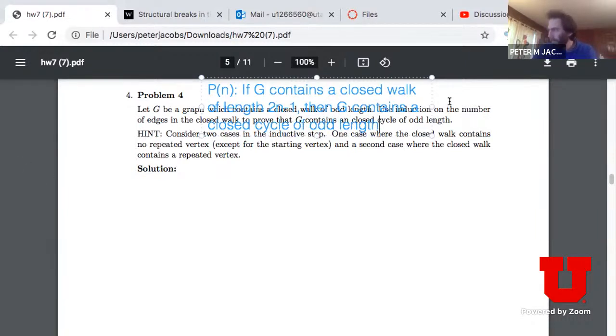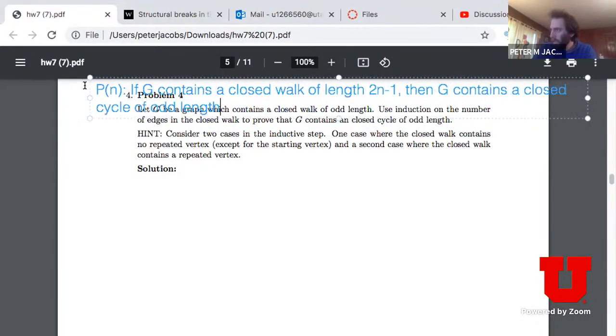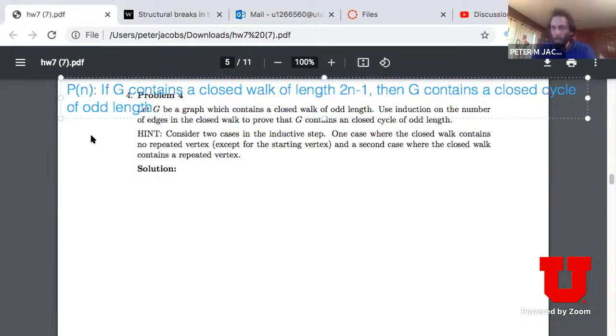Okay, so that's our predicate. If G contains a closed walk of length 2n minus 1, then G contains a closed cycle of odd length. And we're going to prove that for every natural number.